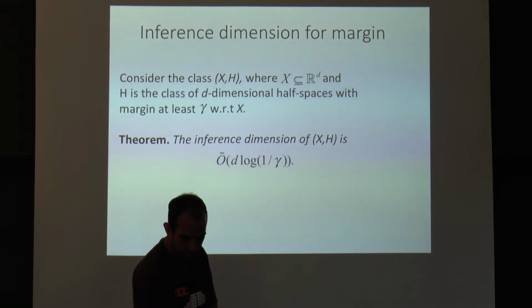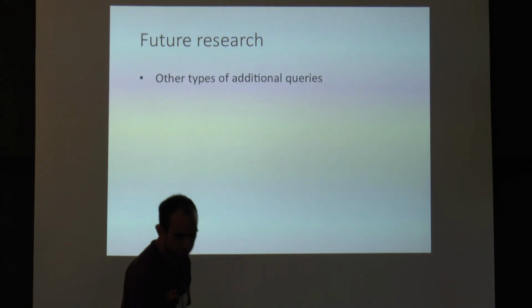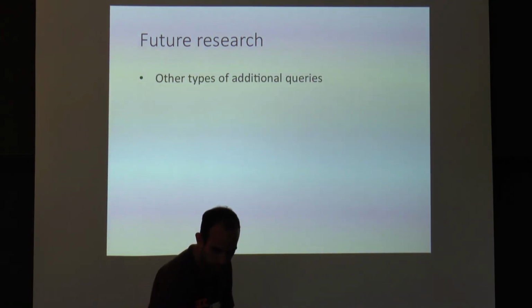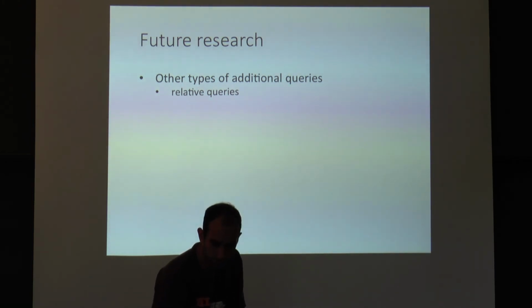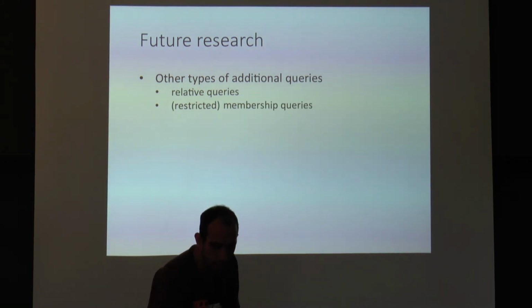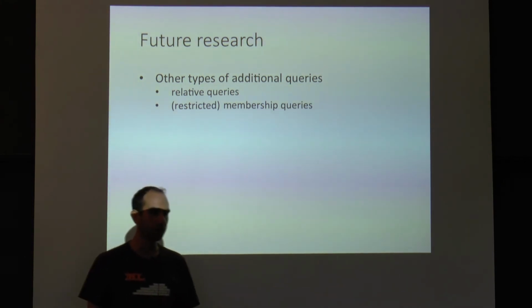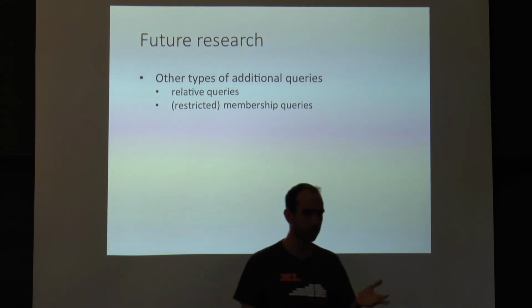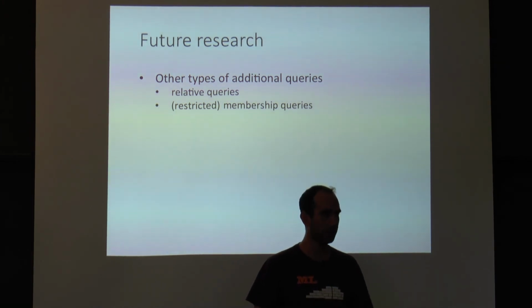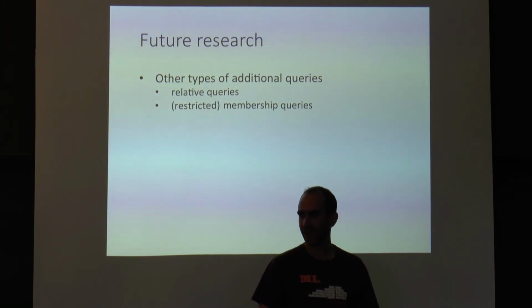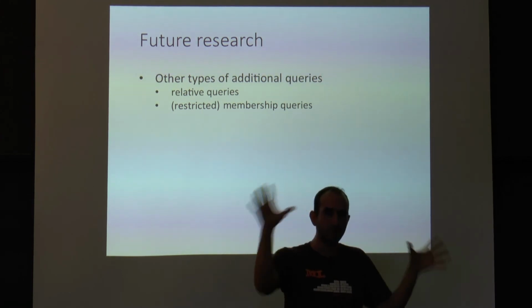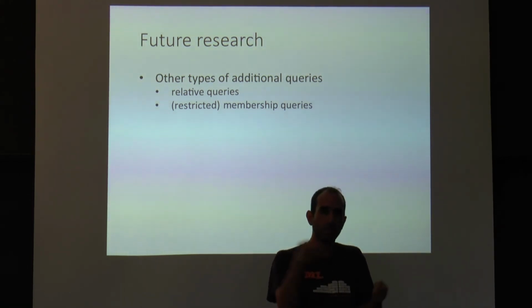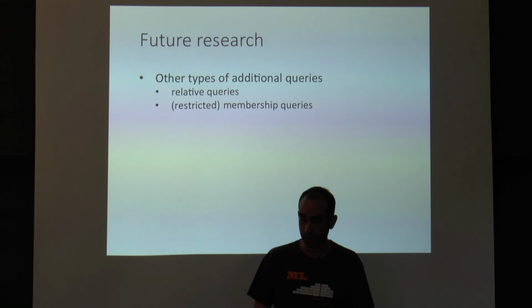Okay. So let me suggest now a little bit of future research. Extend it to other types of relative queries, your favorite. In the beginning I said that membership queries were considered by theoretical machine learning, but were left out because it has been shown that it's not practical to query, because in the space in which you represent your data, not every point will make sense to a human being.